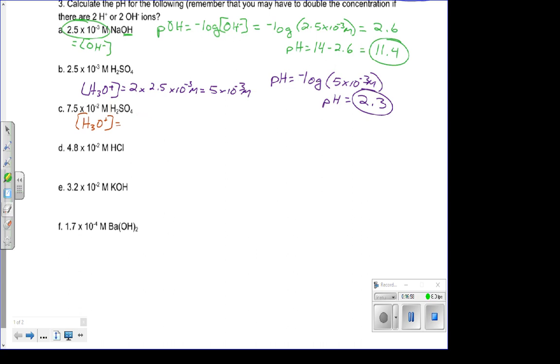Honestly, it's a lot easier to just enter it as 0.15. So then our pH is negative log of 0.15, which is 0.8.